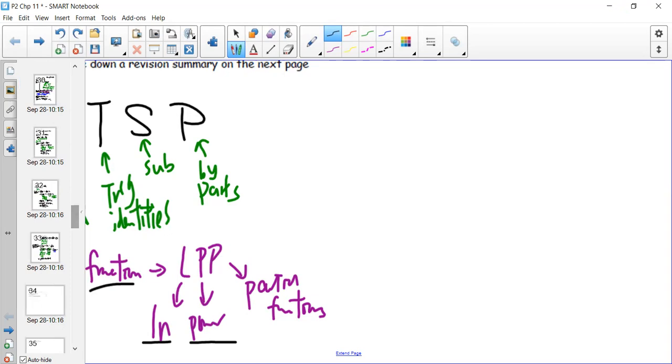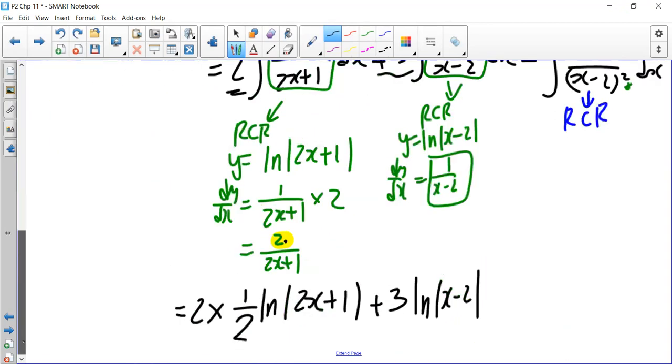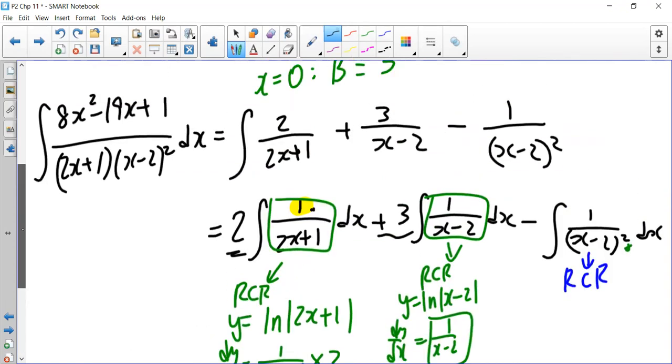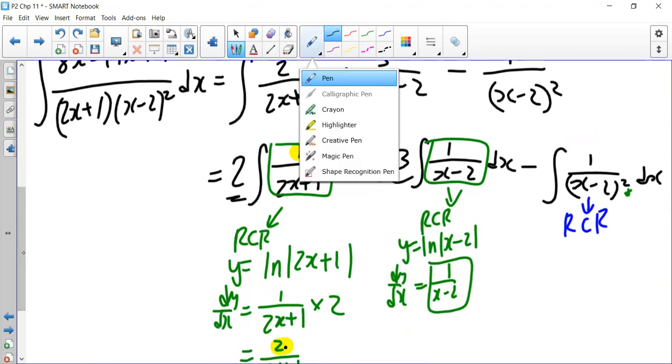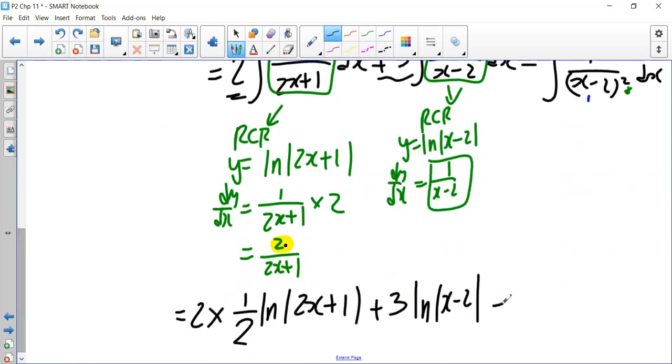So what's the power? Now, this could be written as x minus 2 to the power minus 2. So we can rewrite that as an intermediate step for now into minus the integral of (x minus 2) to the power minus 2 dx. Now this works.